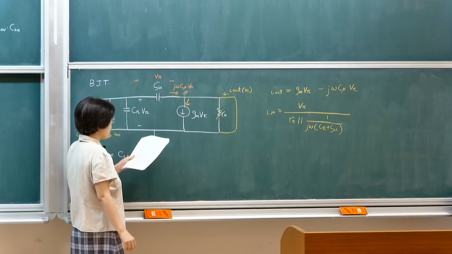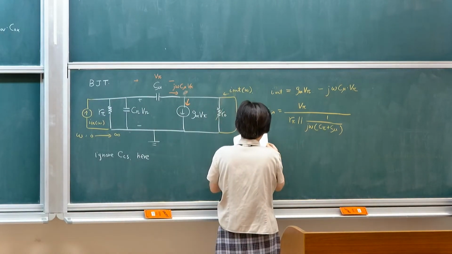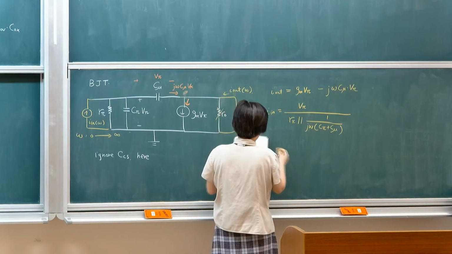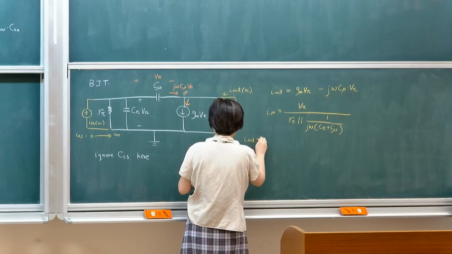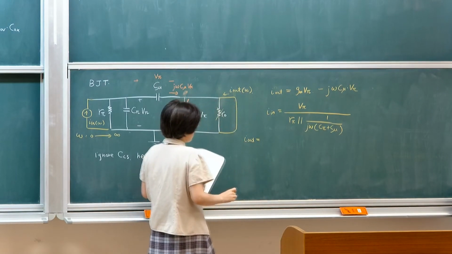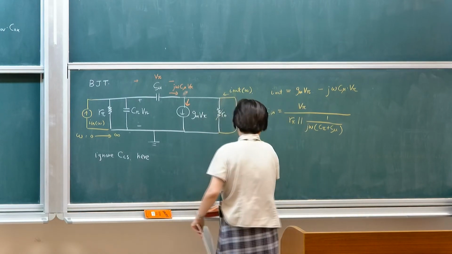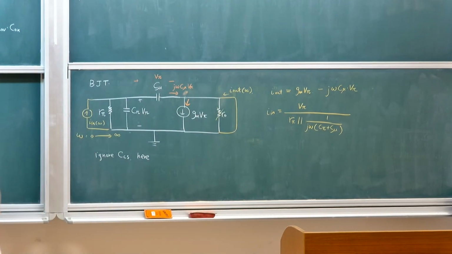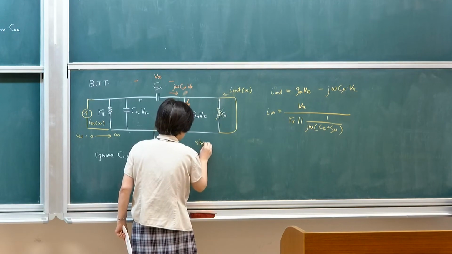So you can do some rearrangement, and then we could simply do I out. Effectively, remember we're going back to the current gain. It's called the short circuit current gain.